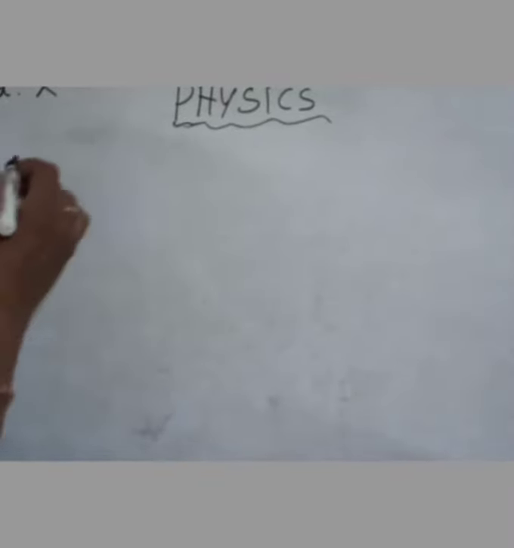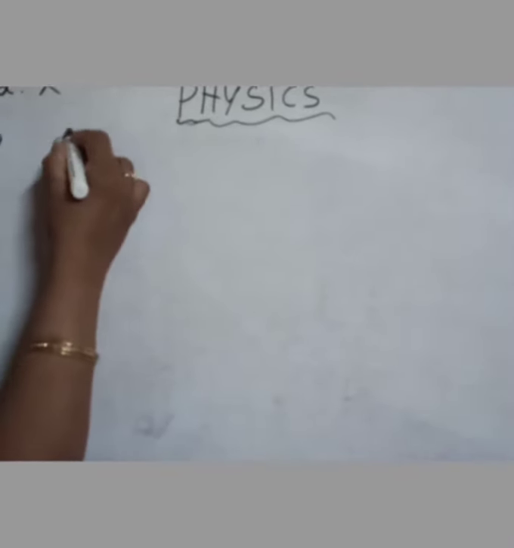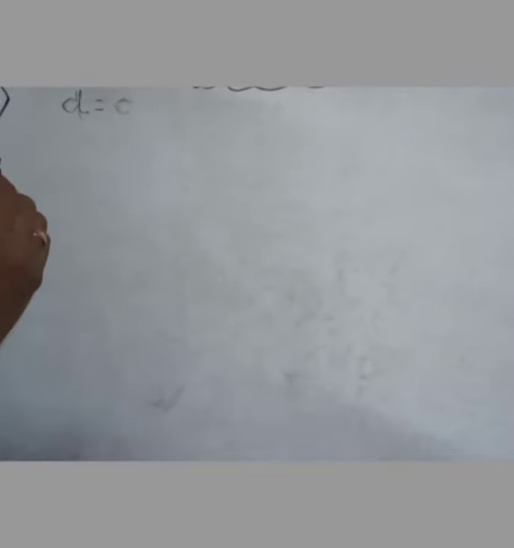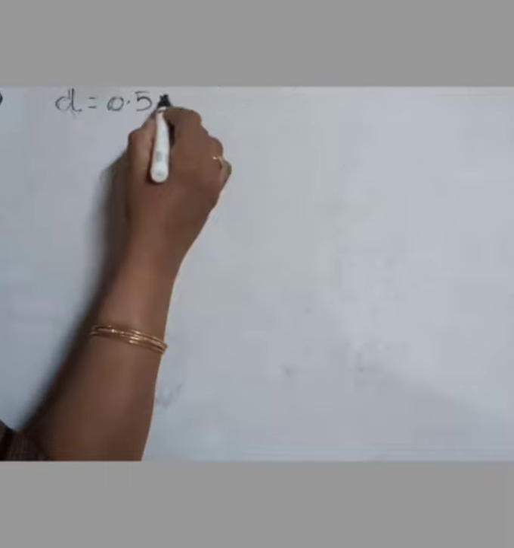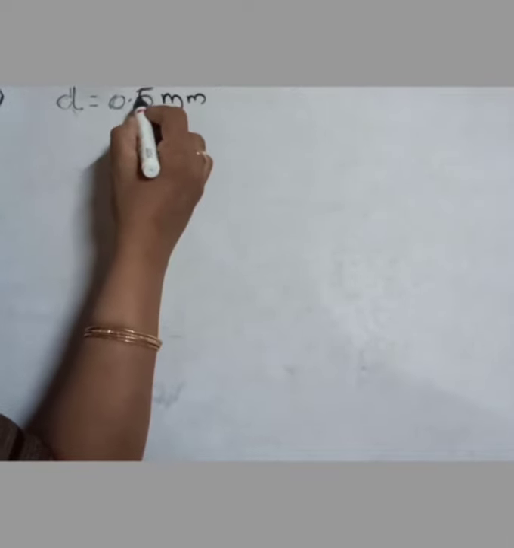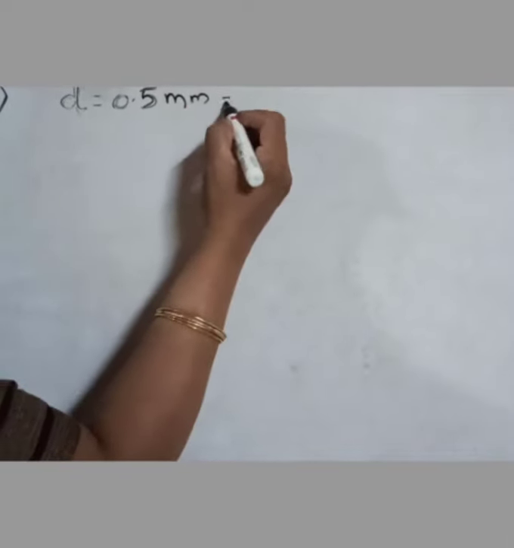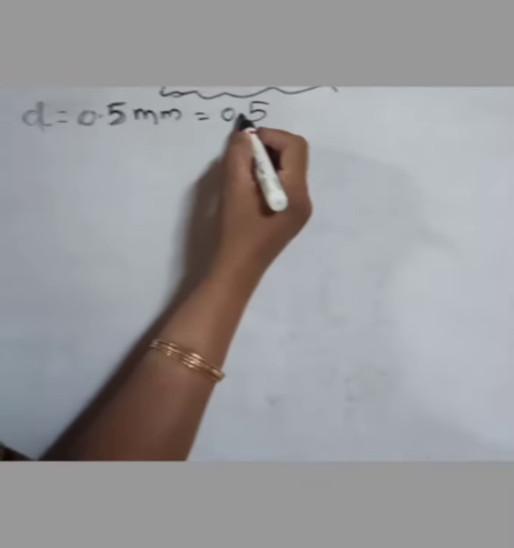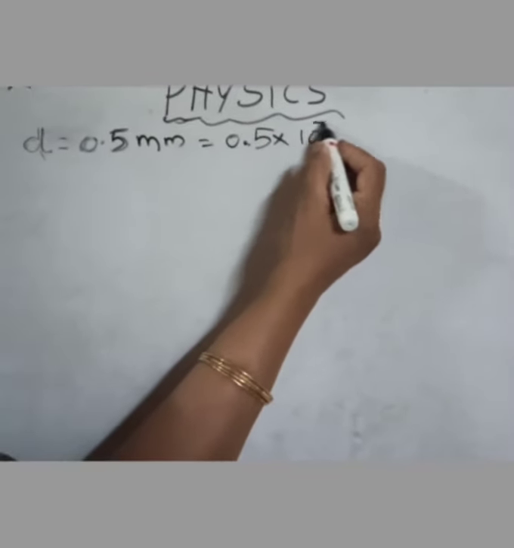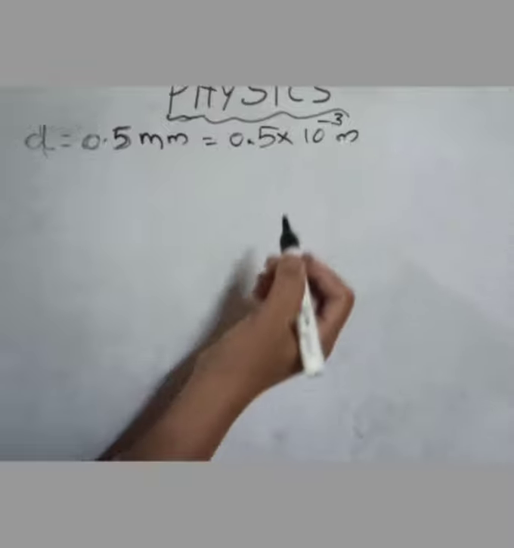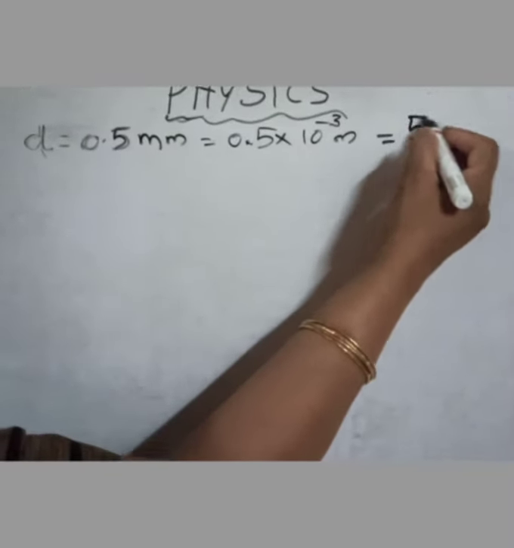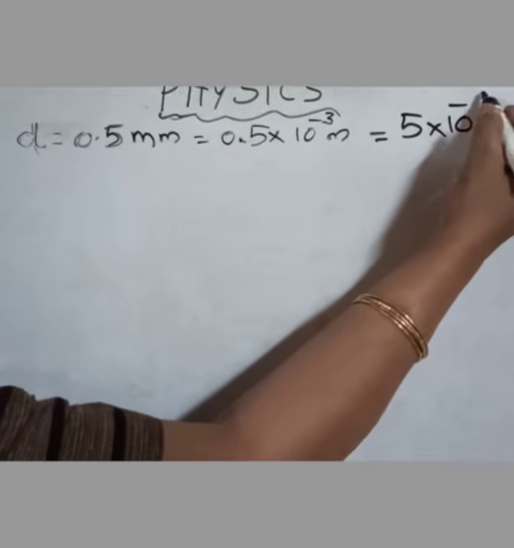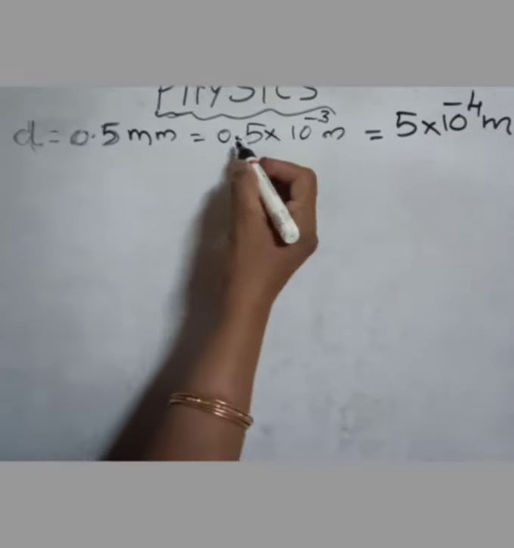It is given that a copper wire has a diameter of 0.5 millimeter. 0.5 millimeter it is given. It can be converted into 0.5 into 10 raised to minus 3 meter. You have to convert it into SI unit. This can be easily written as 5 into 10 raised to minus 4 meter.